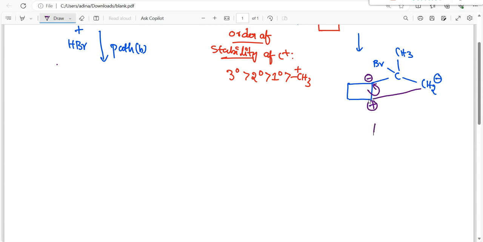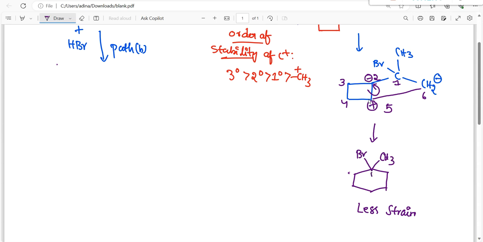Without any confusion, now let us number these compounds. Here this is number 1, this negative charge is number 2, and this will be number 3, and this will be number 4, 5 and 6. The six membered ring which we discussed previously has less strain, that means a more stable compound is produced. Let us consider this the first position. We have Br and the CH3 group attached to this first carbon.